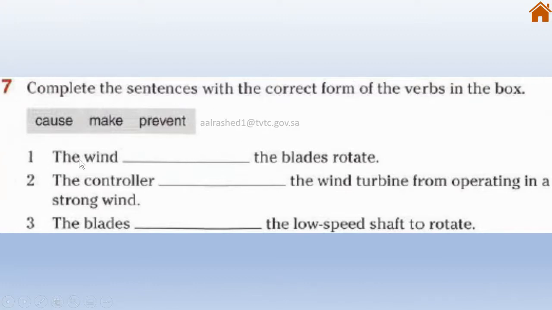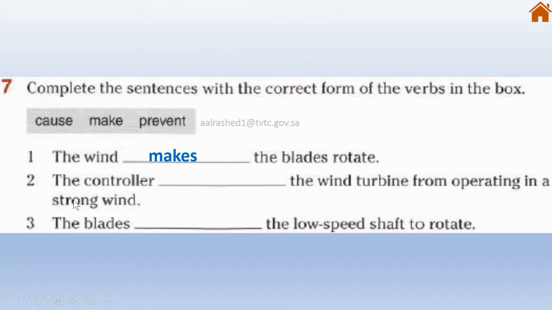Okay, see the first one: the wind makes the blades rotate. So I don't have "to" here, and I don't have "from." So I could not use cause, and I could also not use prevent. So the correct answer will be make. We add s because the subject is singular, so we are talking about the present simple.